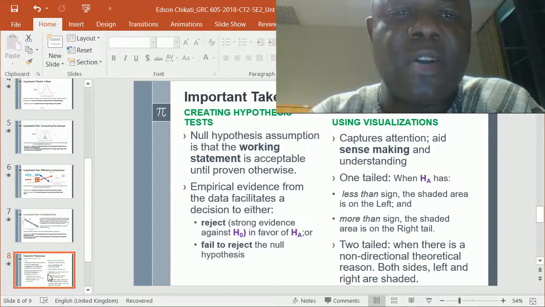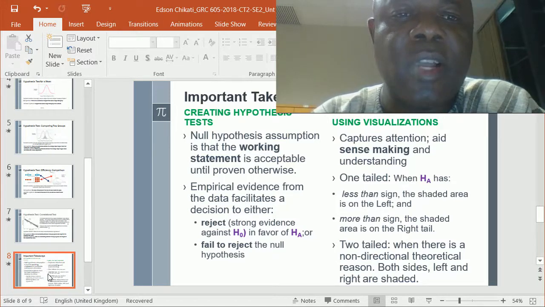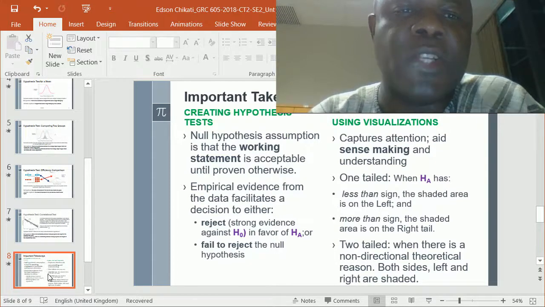To reject the null hypothesis, there should be strong empirical evidence against the null hypothesis in favor of the alternative hypothesis, or there will be weak empirical evidence against the null hypothesis.